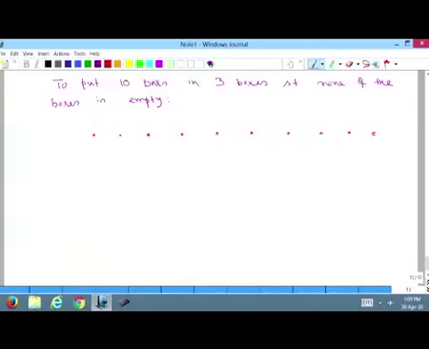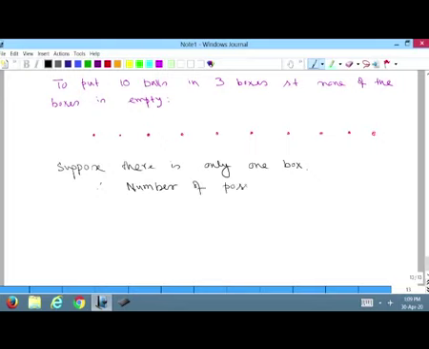So, let me start from slightly the beginning. Suppose there is only one box, then the number of possibilities is equal to 1. You put all the balls in the box.